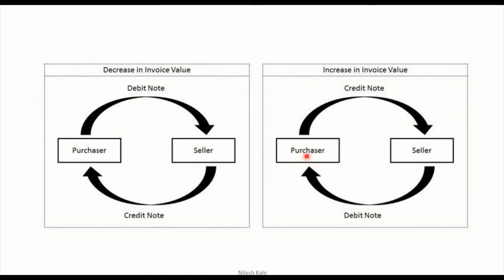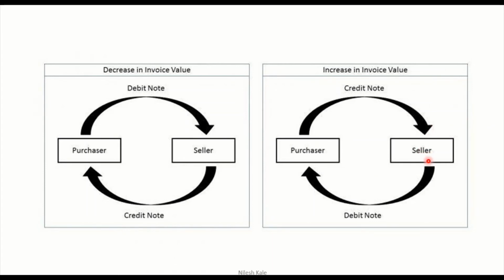Understanding? If the purchaser pays 100 rupees tax on the goods, and if he is a registered person, under section 16 the purchaser will get credit of that 100 rupees. So the purchaser is at an advantage, and the seller is also at an advantage, because whatever increase in invoice value there is, the purchaser is paying and the seller is paying it to the government, and the government is giving back credit to him also.